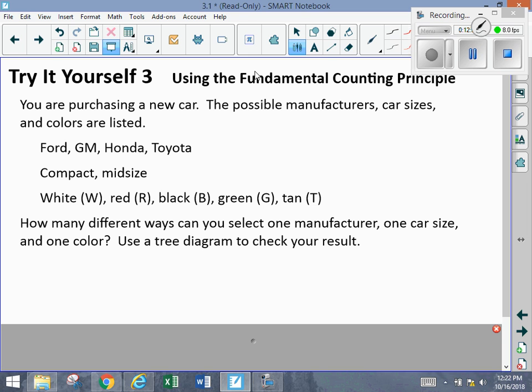Those are four manufacturers. You have 2 possible sizes, and then you have 1, 2, 3, 4, 5 possible colors. How many different cars do you have to choose from?